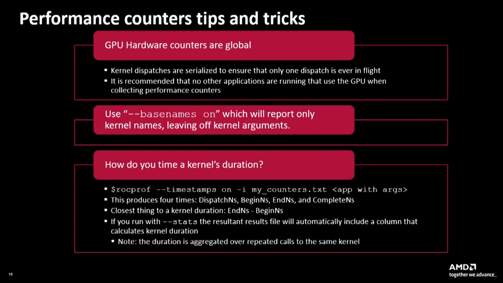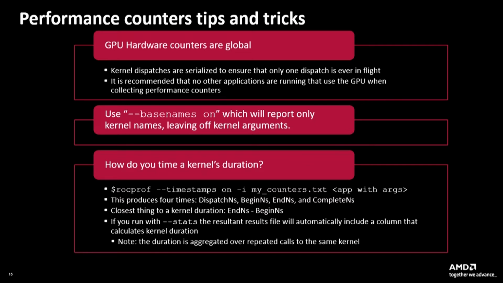A few tips that I want to share with you. Every time there is a kernel dispatch, they're all serialized to ensure that only one kernel dispatch is in flight.